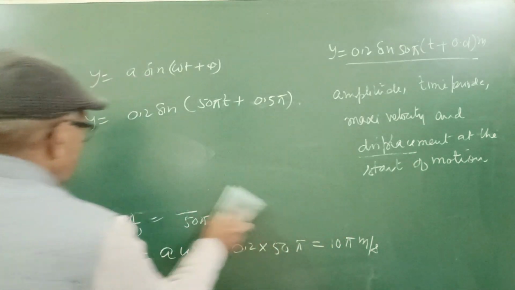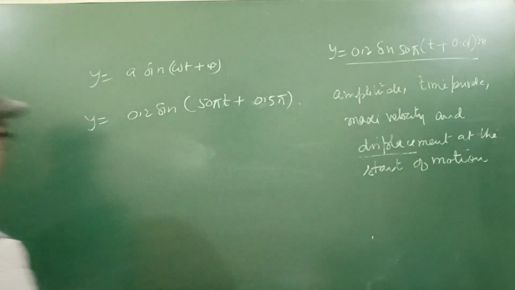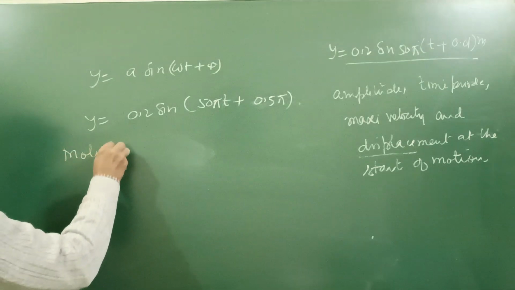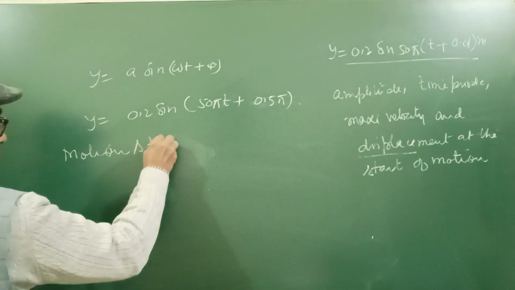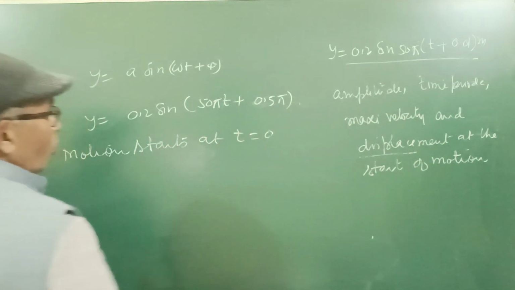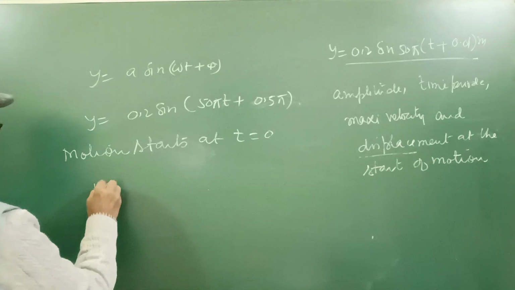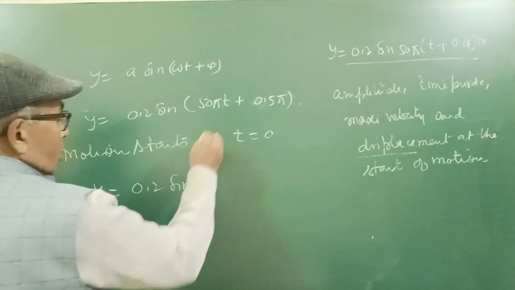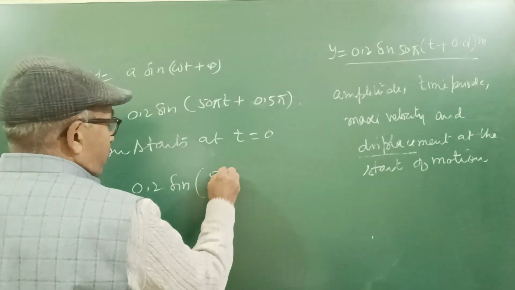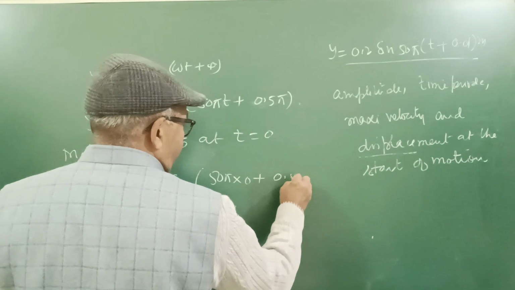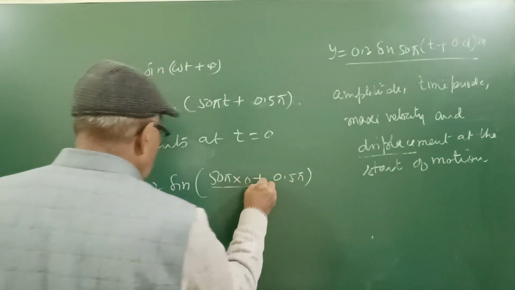What will it be at the start of motion? The motion starts at t equal to 0. So y equal to 0.2 sin(50 pi into 0 plus 0.5 pi), and the first term is 0.